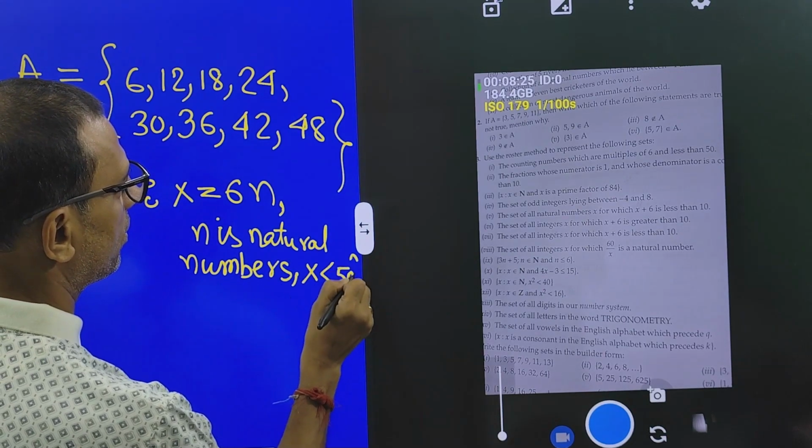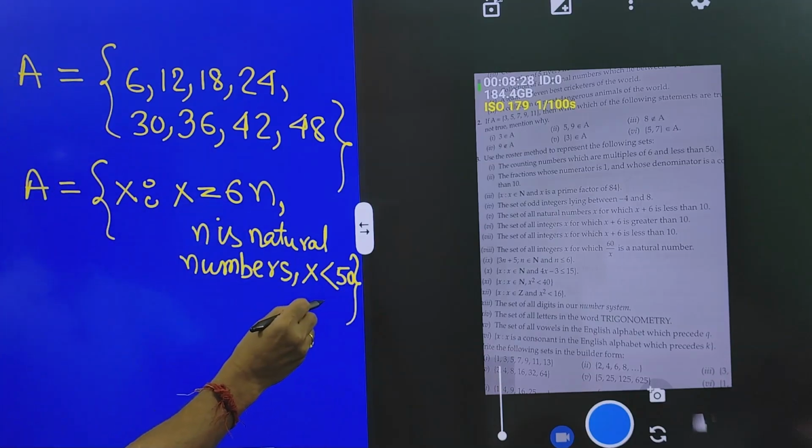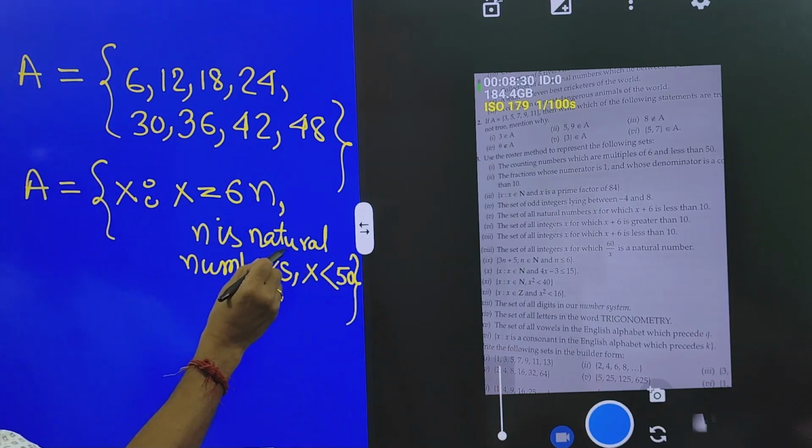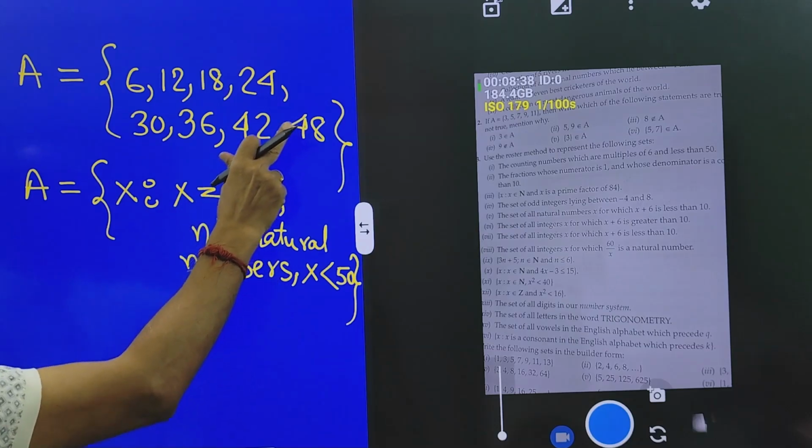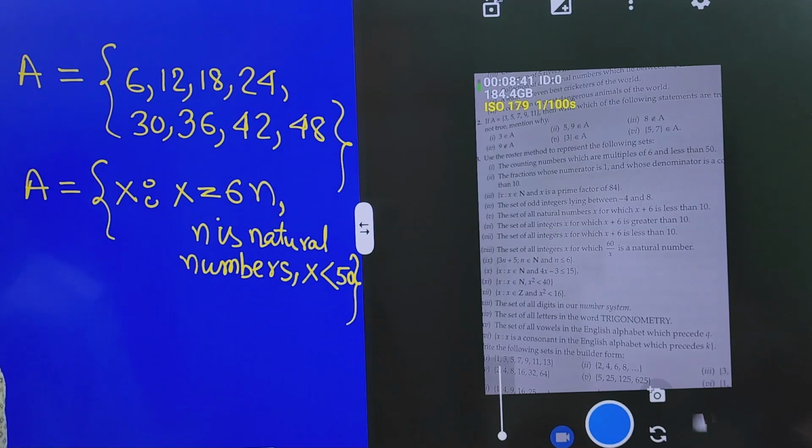So these are the conditions. So x will be less than 50 and n is a natural number. x equals 6 into 1, 6 into 2, 6 into 3, and that's how it will continue till 6 into 8, 48. Got it?